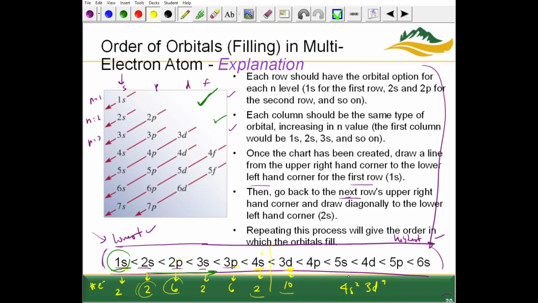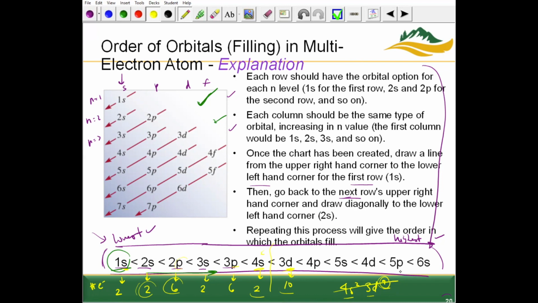For those 11 electrons from copper that go beyond argon, this is less stable. This partially filled d orbital is less stable than a partially filled 4s orbital. So we would expect this to be 4s2 3d9.